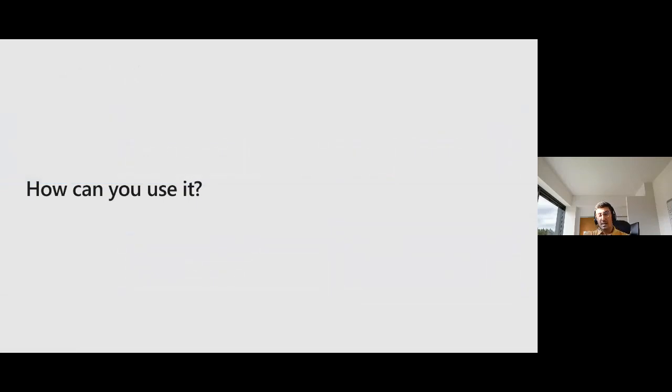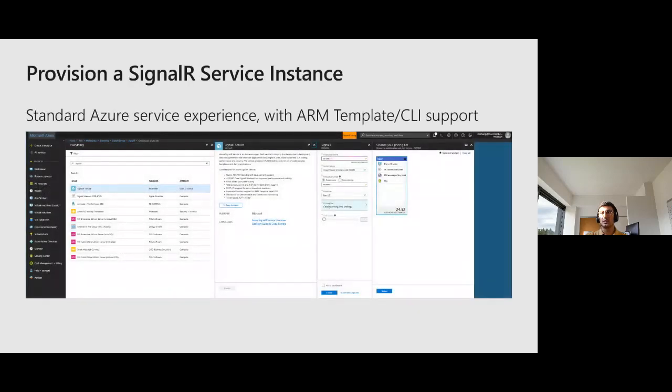Now, given that we know what it does, why would we need it, and what are the benefits, we move to the how. So how can we use it? It's easy. On Azure, you can just go to the Azure portal, and maybe when we're done, if we have time, I'll show you.